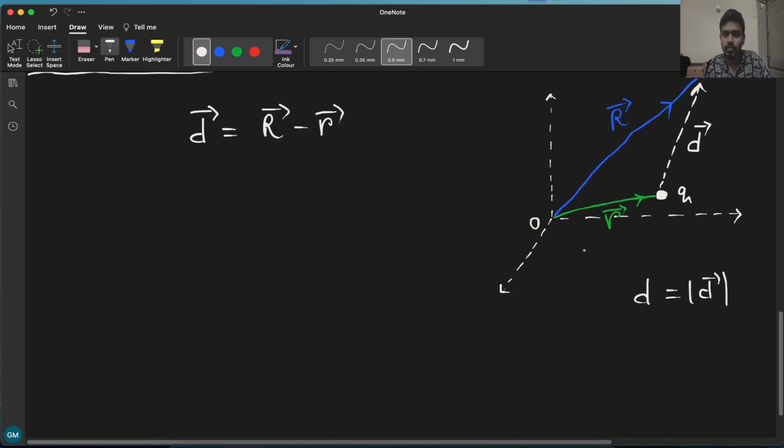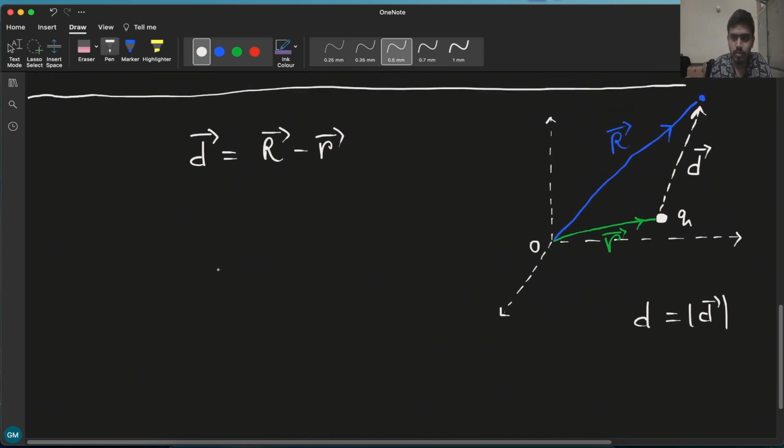Now if I write the force, or the electric field, it is some constant K times the source charge, that is small q, because of which we want to know the electric field here, divided by d square, times d hat.